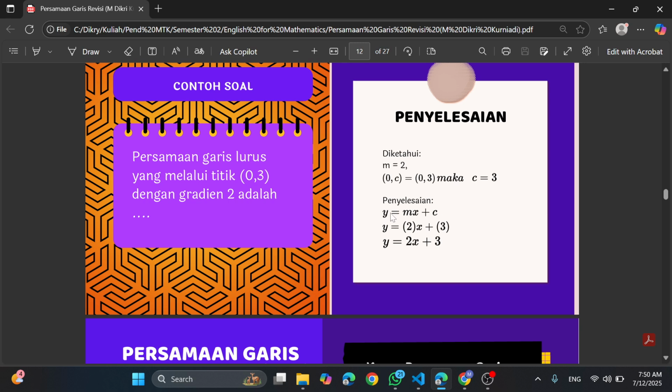The solution: y equals m times x plus c. Then substitute 2 as m and 3 as c. Then we have y equals 2 times x plus 3. And the result of this equation is y equals 2 times x plus 3.